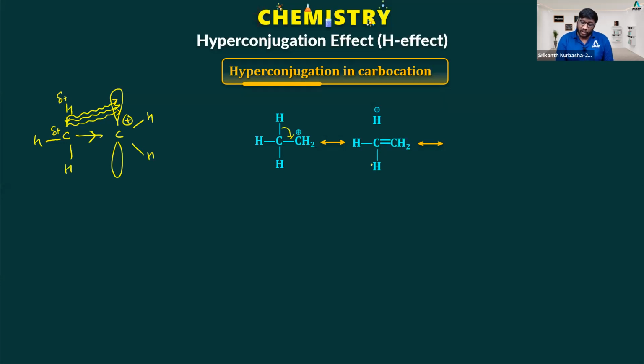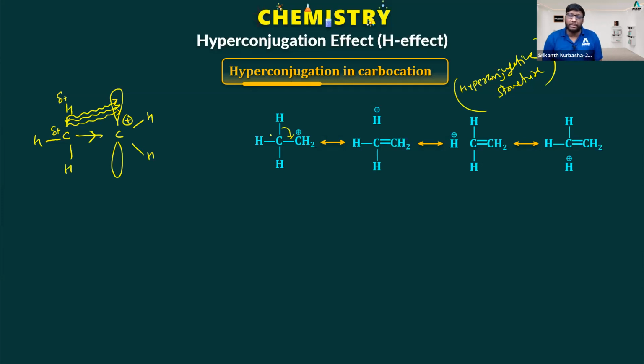Can I say we have two more hydrogens here? Those two hydrogens can also be involved in similar resonance. So H plus CH2 double bond CH2, also we can have H plus CH2 double bond CH2. So these are nothing but your hyperconjugative structures. So more number of alpha hydrogens, more will be the number of hyperconjugative structures, yes or no?